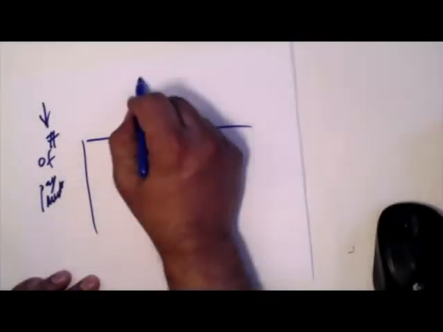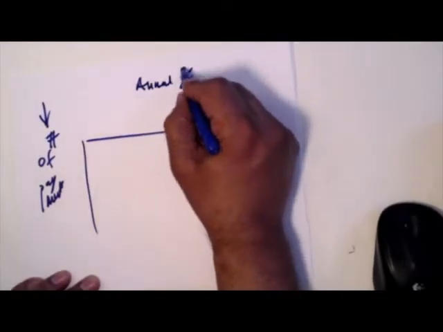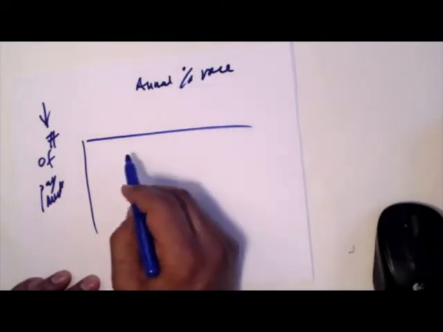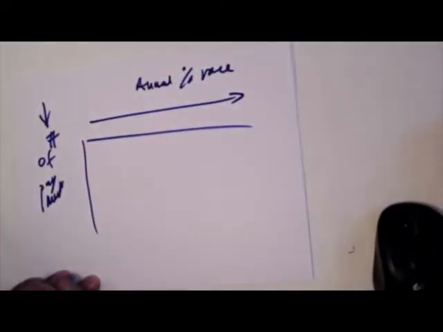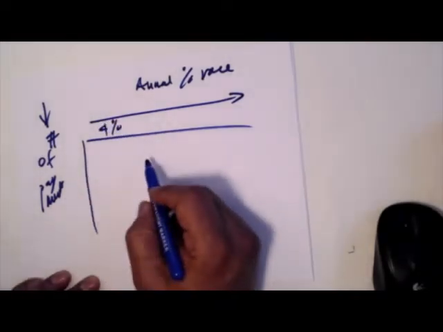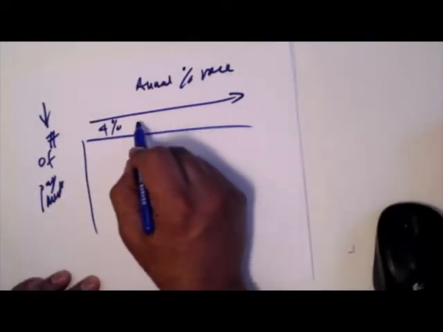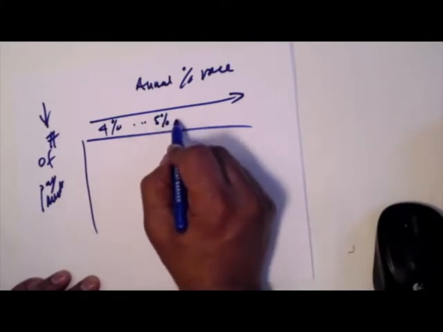And then you have the annual percentage rate running across, and you get something like 4%, 5%, and so on.